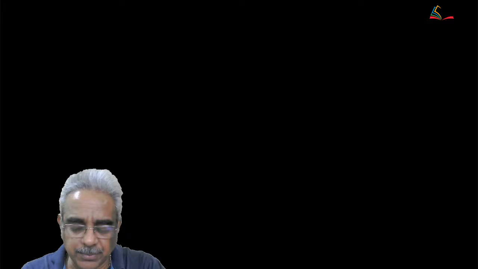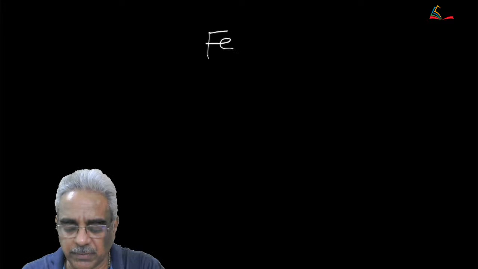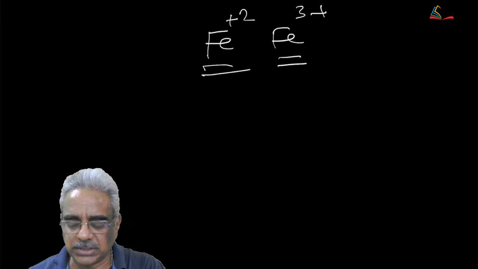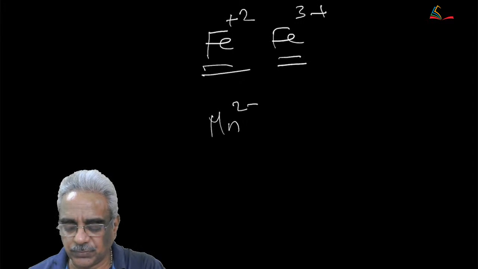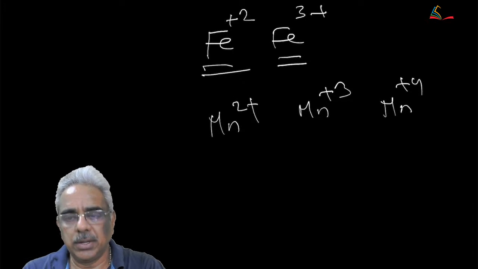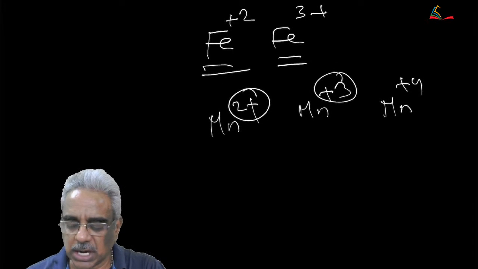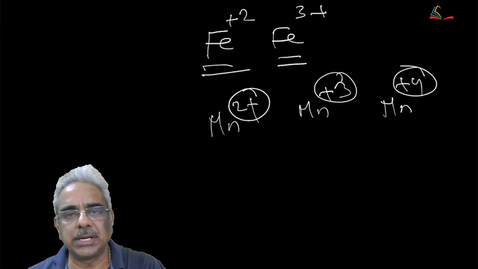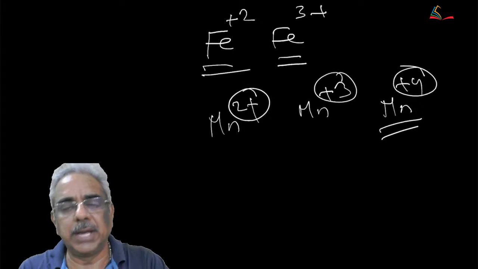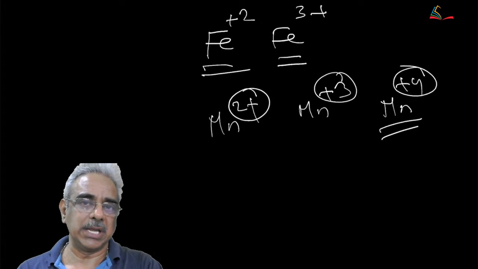At the same time, in transition elements one more advantage or disadvantage is there, there will be variable oxidation states. You have iron +2, iron +3, Mn +2, Mn +3, Mn +4 like. Suppose when this positive charge increases, the size keeps on decreasing, the nuclear power keeps on increasing, the ion will become more polarizing in nature.